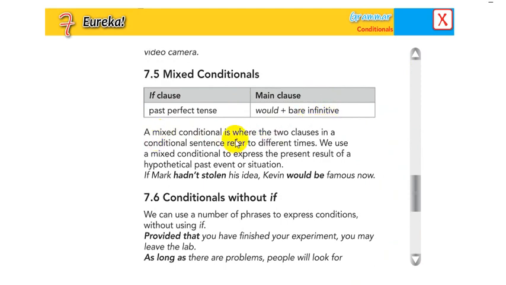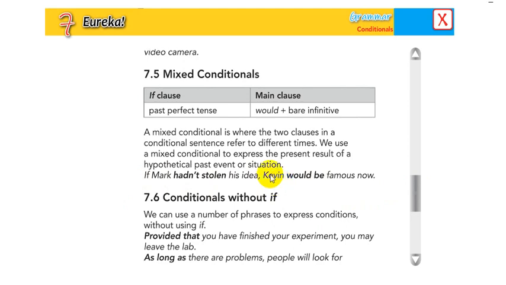A mixed conditional is where the two clauses in a conditional sentence refer to different times. We use a mixed conditional to express the present result of a hypothetical past event or situation. For example, if Mark hadn't stolen his idea, Kevin would be famous now, which means Mark had stolen his idea, so now Kevin isn't famous.